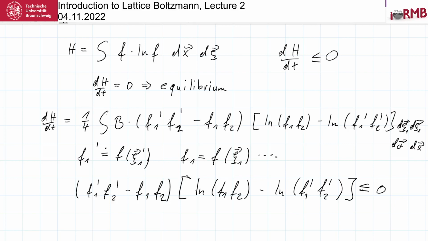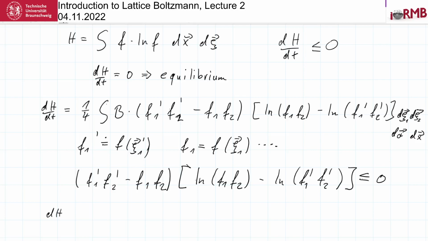But we see that this integral is smaller or equal to 0 because the integrand is always smaller or equal to 0. So this will be 0 only if it is 0 everywhere. This is the important thing.